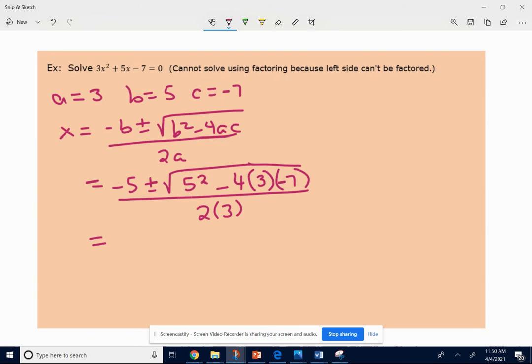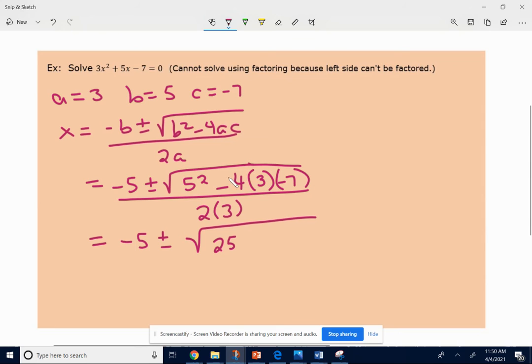I'm simplifying, working with the square root first. I'll usually just go ahead and do 2 times 3 as I'm doing the square root. Inside the square root, exponents come before multiplication. So 5 squared is 25.